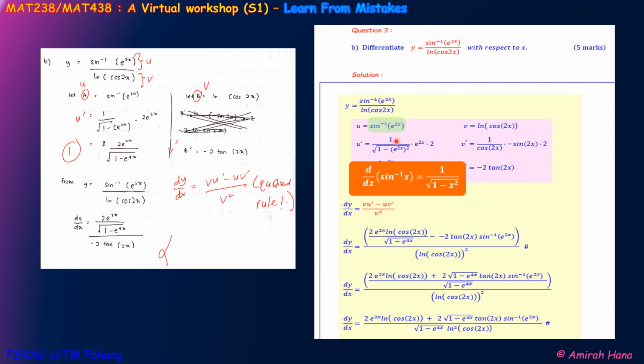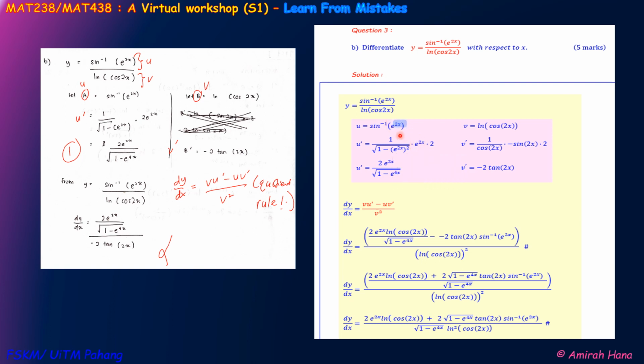And then yang ni differentiate dapat yang ni, kita refer this formula. And then kita kena differentiate pula e to the power of 2x. Okay, kita refer lah formula derivative of e to the power of single x. We get back e to the power of x. Okay, jadi kalau kita differentiate e to the power of 2x, we get back e to the power of 2x.